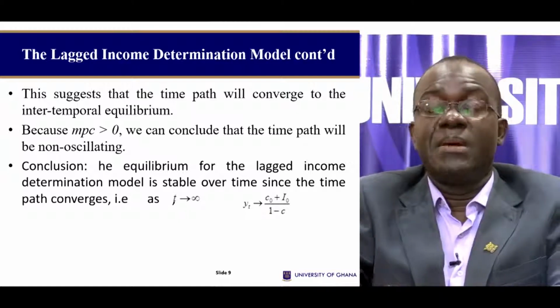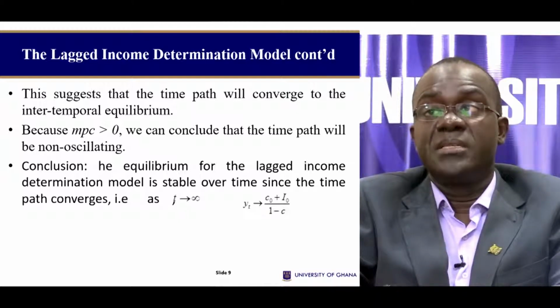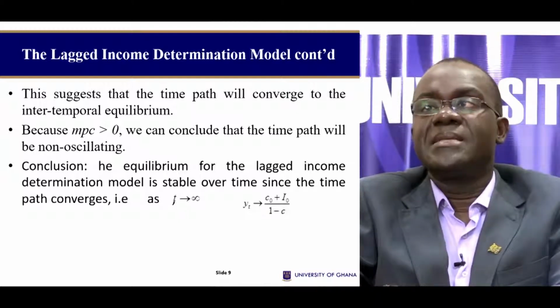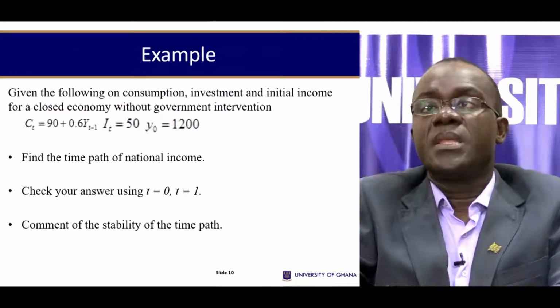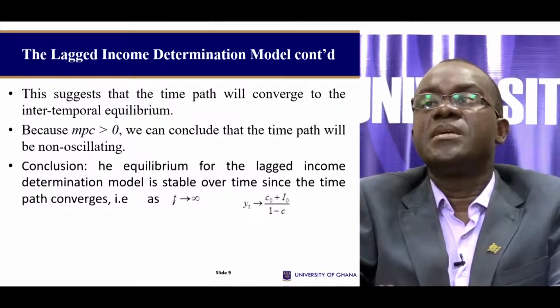Recall, when it's less than 1, say B equal to half, there is going to be convergence. So what it implies is that in the lagged income determination model, as t approaches infinity, Yt will tend to the equilibrium value.